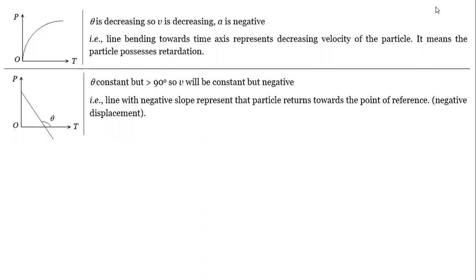This statement is very much important because in the four options you might get any statement related to that. So it is more of your graph study questions. Just remember the statement. What does it mean? It returns towards a point of reference. It returns back to the point.